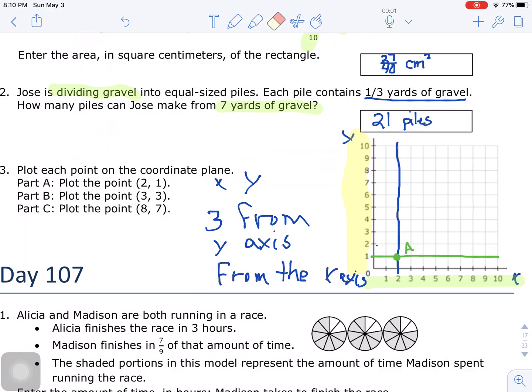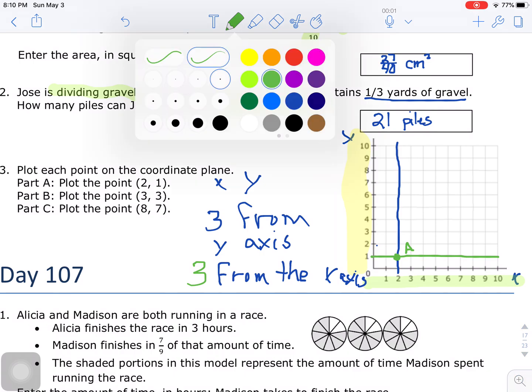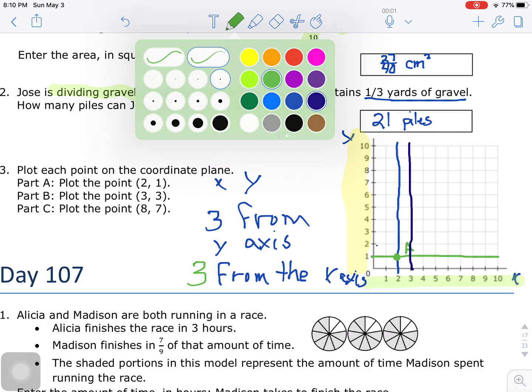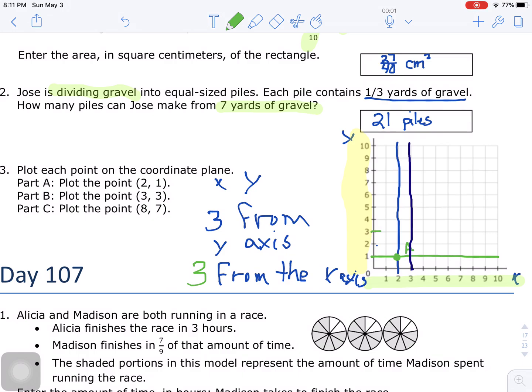We are 3 from the x-axis. So let's start with the 3 from the y-axis would be on that line there. And 3 from the x-axis would be on this line here.